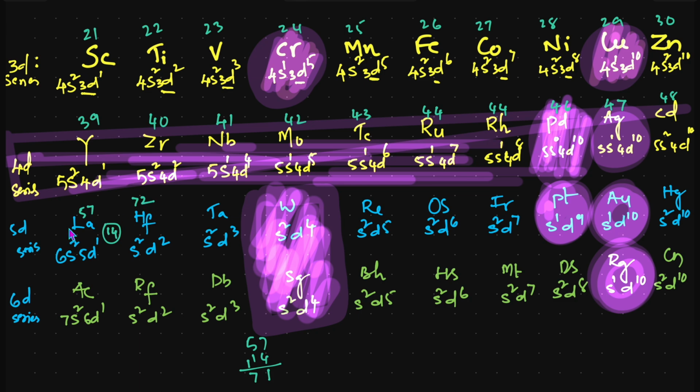Why is it 72? Because 14 elements are placed as lanthanides. Then the atomic number goes like 72, 73, 74, 75, 76, 77, 78, 79, 80 is mercury. So the 80th element is mercury.